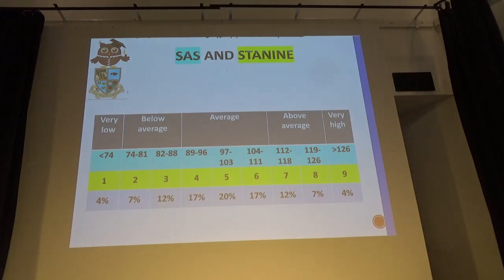So standardised age scores, what do they mean? The standardised age score is basically the raw score, so how many the children got correct in the assessment, and then it's put through an algorithm where it adjusts for age in days and other factors, and it comes out with a score that goes from 69 to 141.